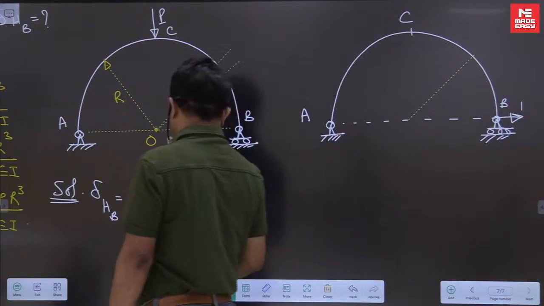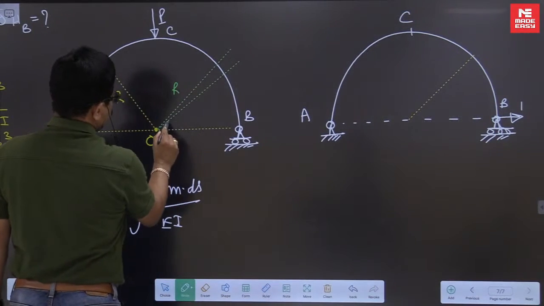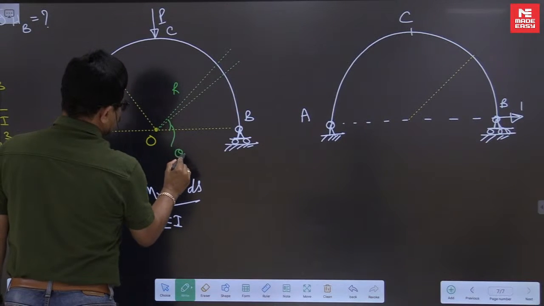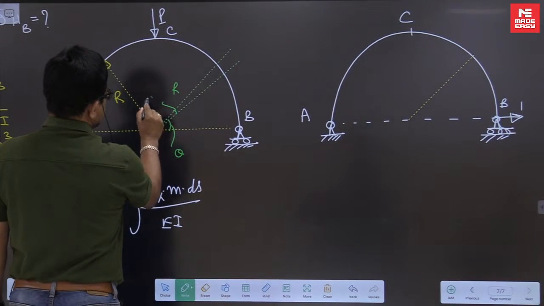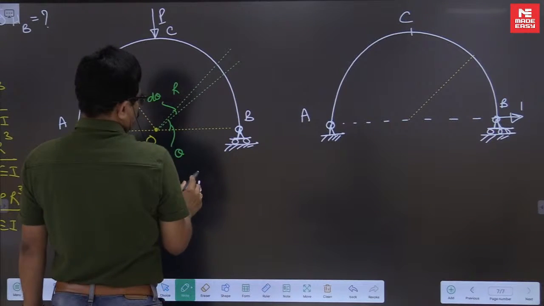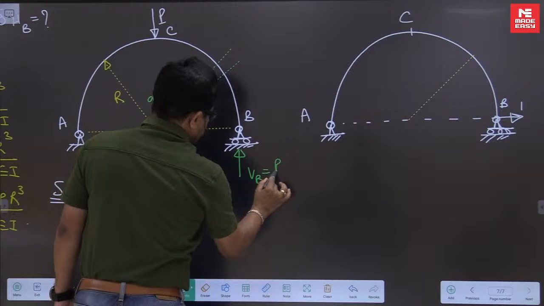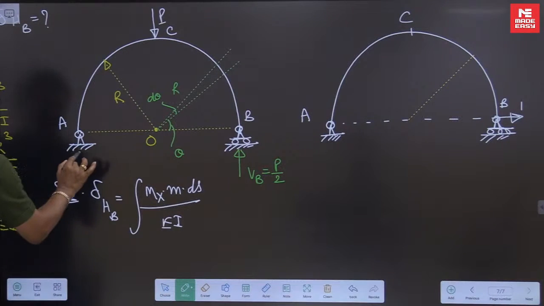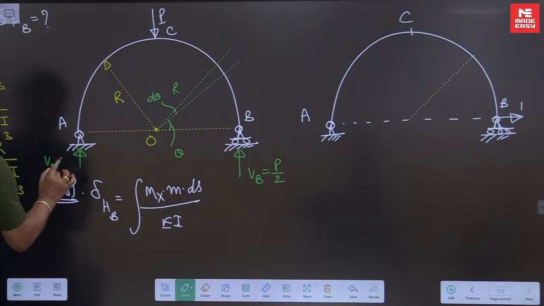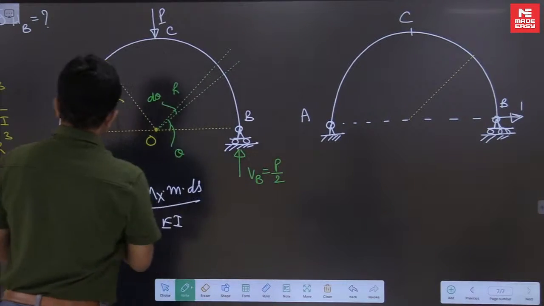This radius is R. This angle you can take as theta. This element is d theta. This is a curved element. Now the support reactions are Vb equal to P by 2, Va is also P by 2. There's no horizontal reaction here.